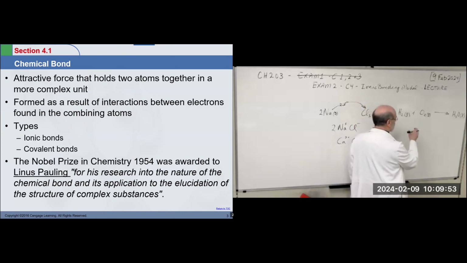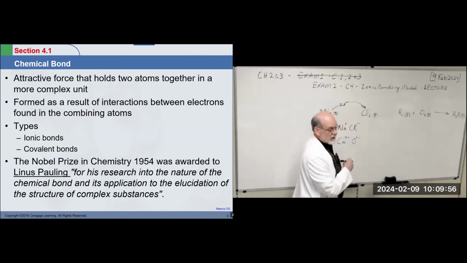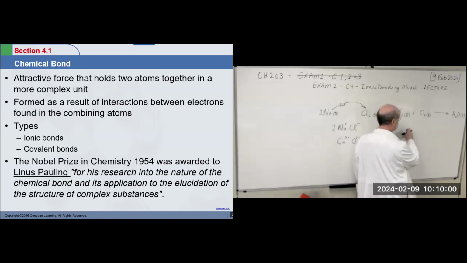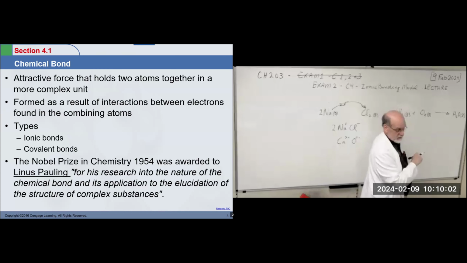But the bond that forms is not ionic. Electrons are not transferred. What you get is a sharing of electrons. And the bond that forms is between that oxygen and two other hydrogens.